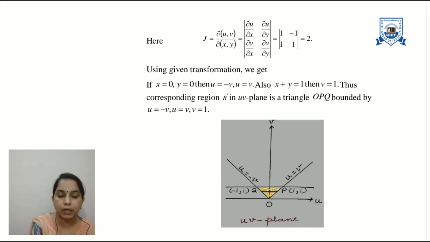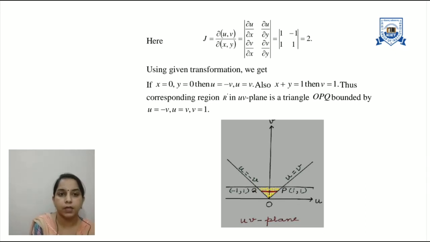So while plotting these lines in the uv plane, we get u equals minus v, u equals v, and v equals 1, lines that are shown in the figure, and the yellow dotted portion is our region of integration.